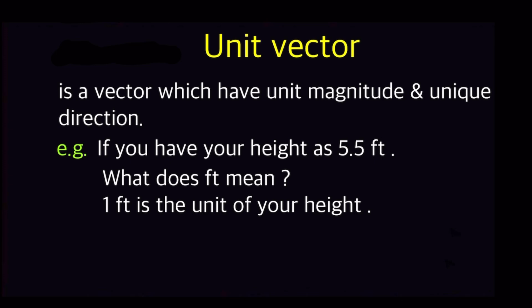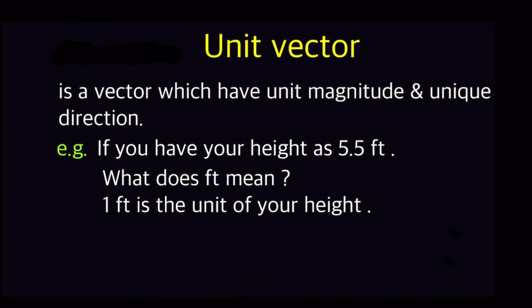Now, unit vector. A unit vector is a vector which has unit magnitude and a unique direction. What does it mean? Suppose someone asks you, what is your height? You can say that my height is 5.5 feet. It means that you are measuring your height in terms of feet. So, the unit of your height is feet here.